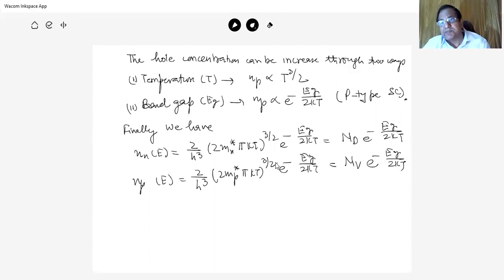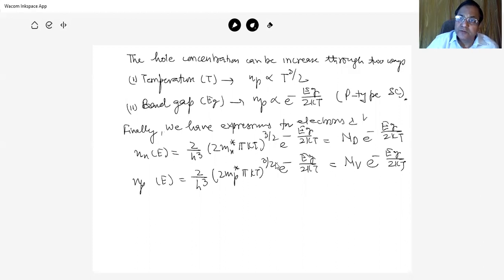So these are the two expressions for electrons and holes.